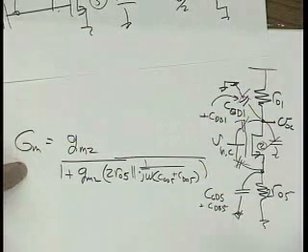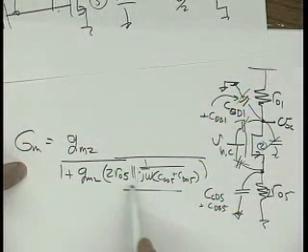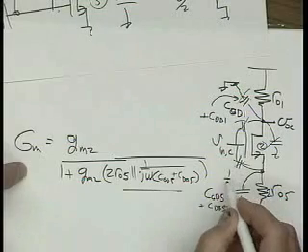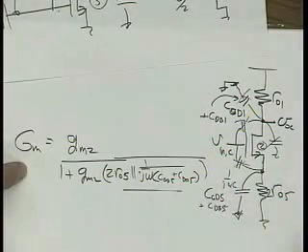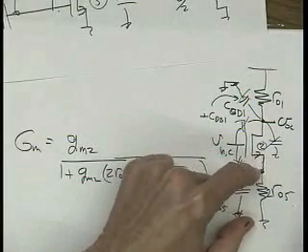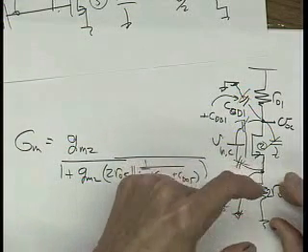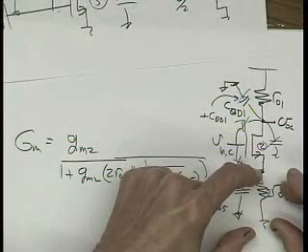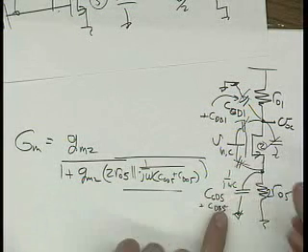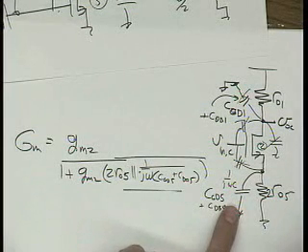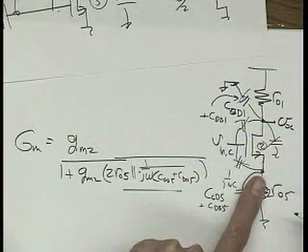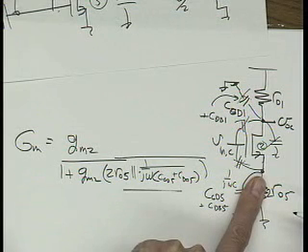Because of this parallel impedance, this 1 over j omega c, as we go up in frequency, this becomes a lower impedance magnitude, like a lower resistance. If we go to a very, very high frequency in the limit, this just shorts this out. So our common mode gain will go back to be the same as our differential mode gain.